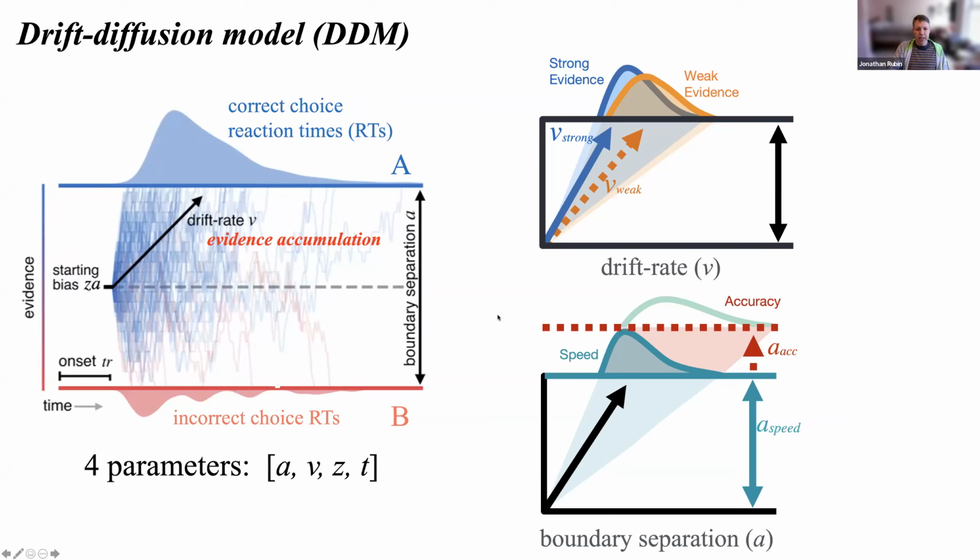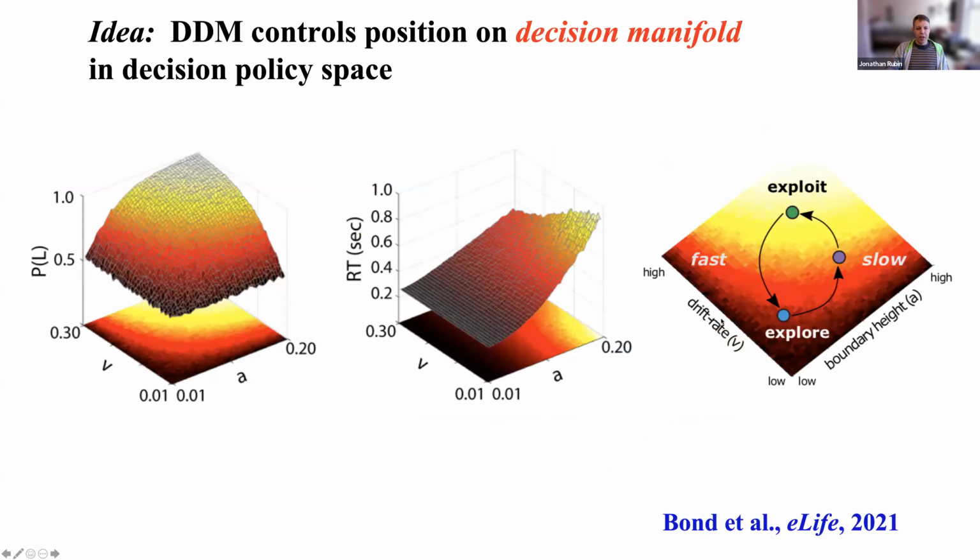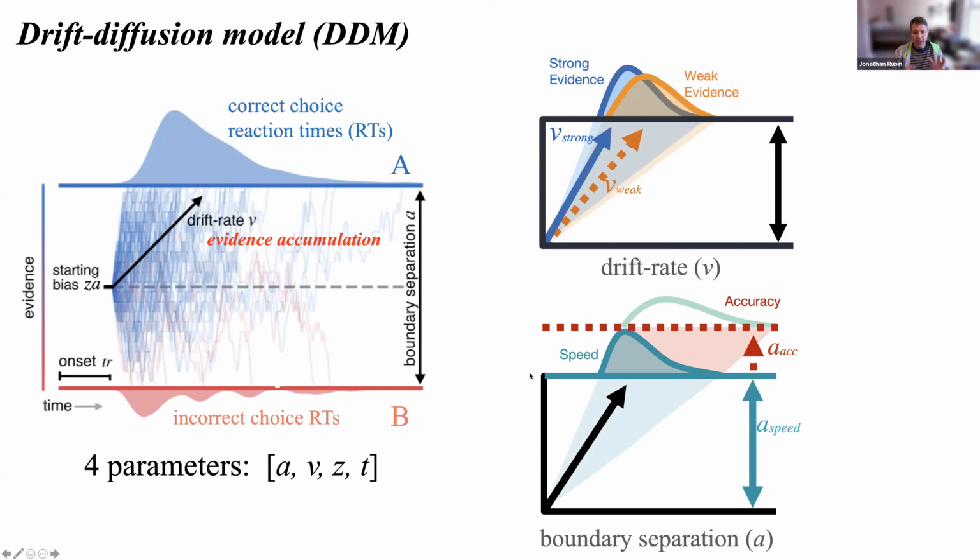So based on that idea, we can think of the DDM as giving us a parametrization of a decision policy space. It's really a four-dimensional space, and our decision policy is based on our accuracy and our reaction times.